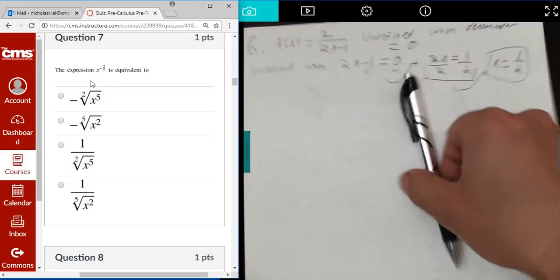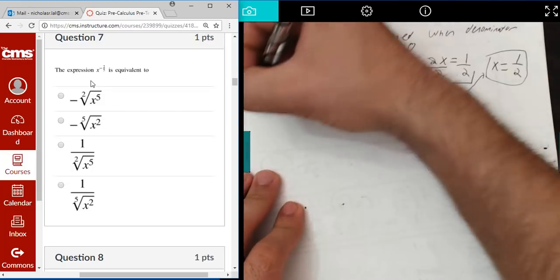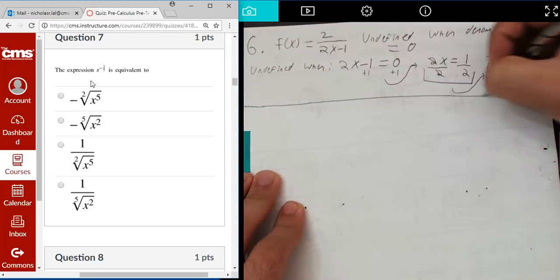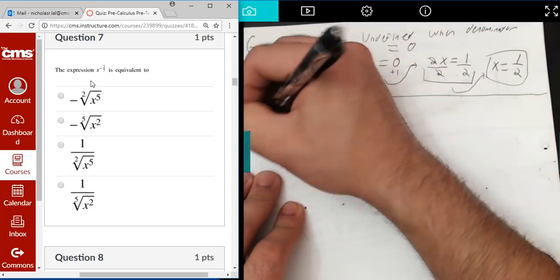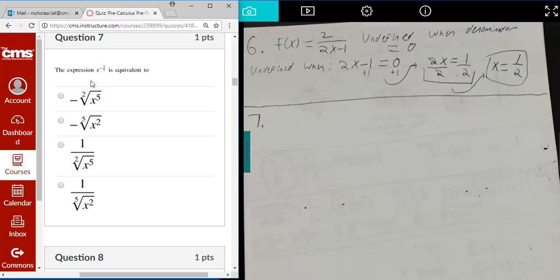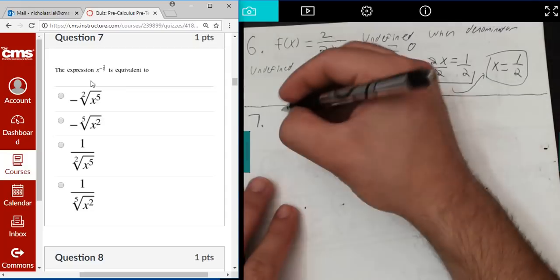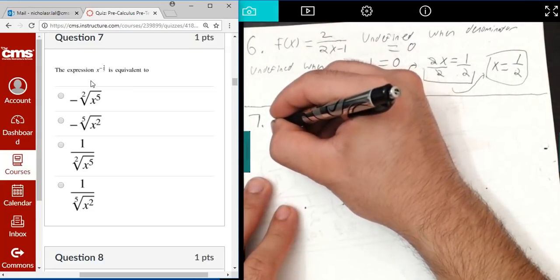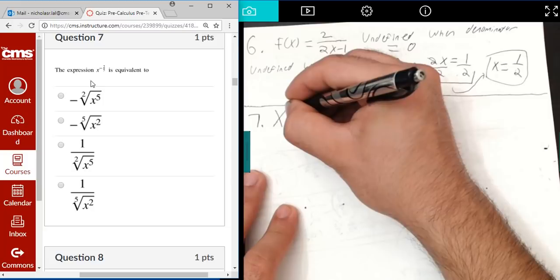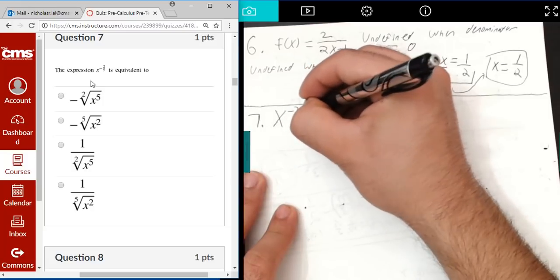Question 7. The expression x to the negative 2/5 is equivalent to x to the negative 2/5.